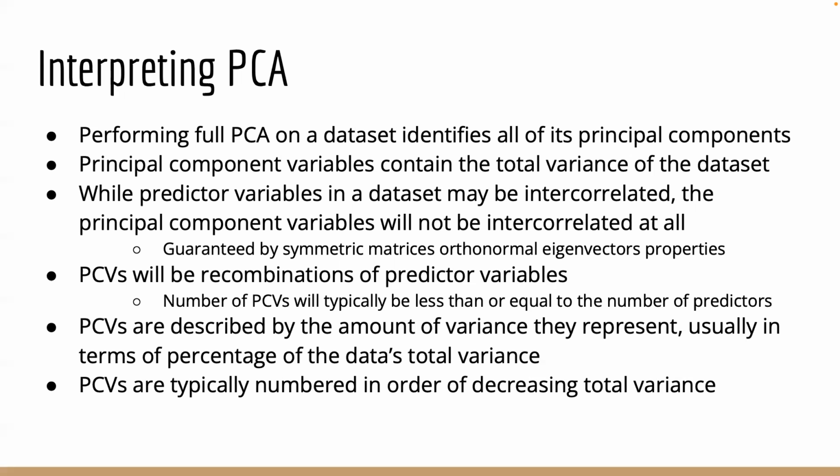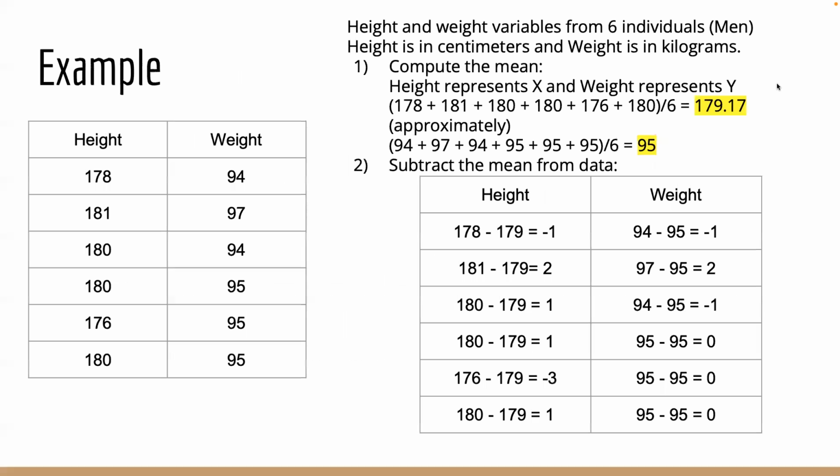Principal component variables will be recombinations of predictor variables, and the number of principal component variables will always be less than or equal to the number of predictors. Principal component variables are described by the amount of variance they represent, usually in terms of percentage of the data's total variance, and are typically numbered in order of decreasing total variance.